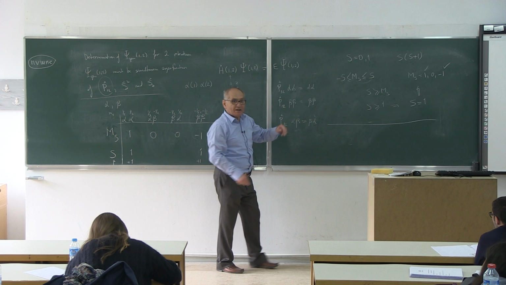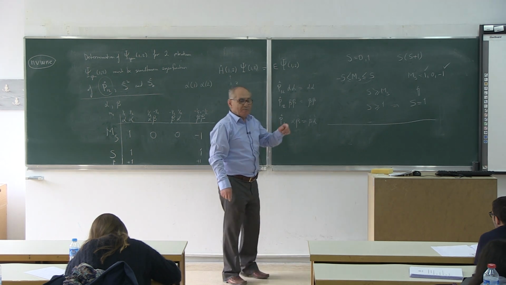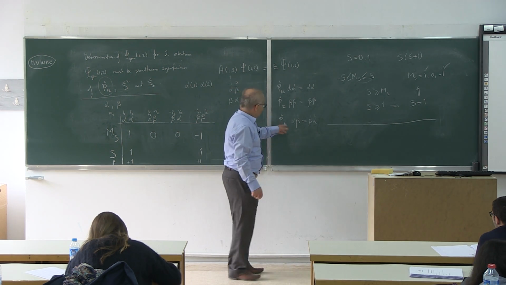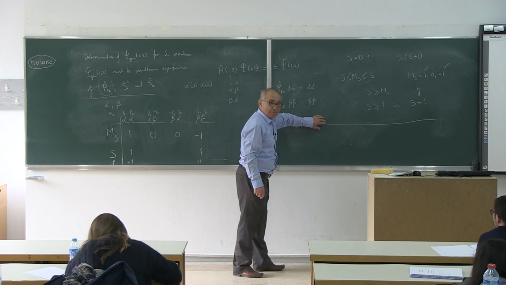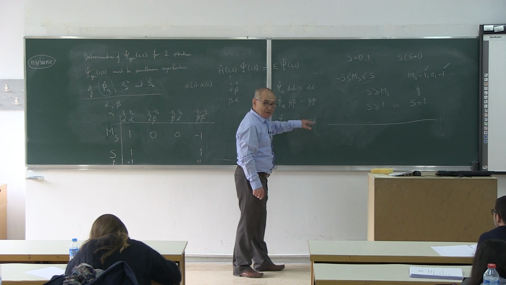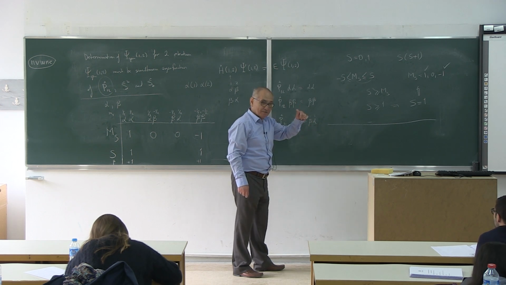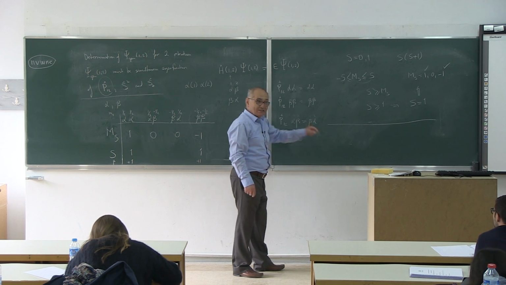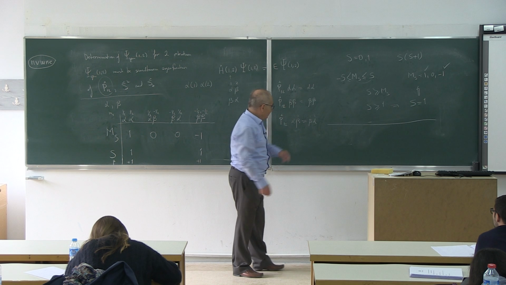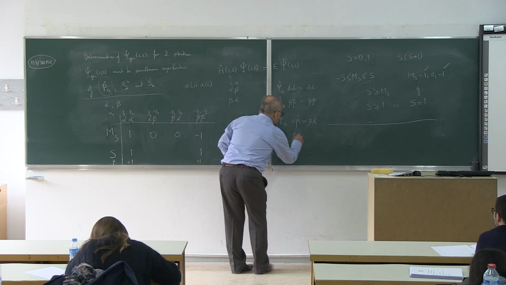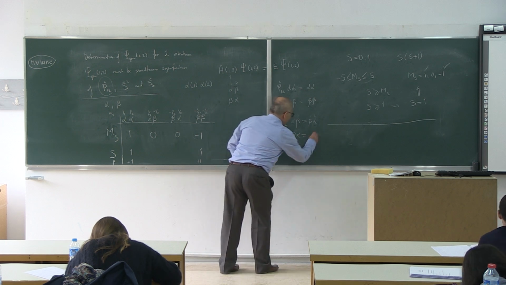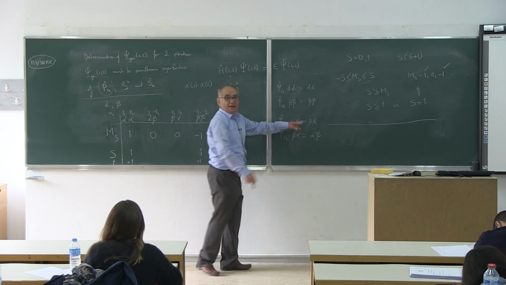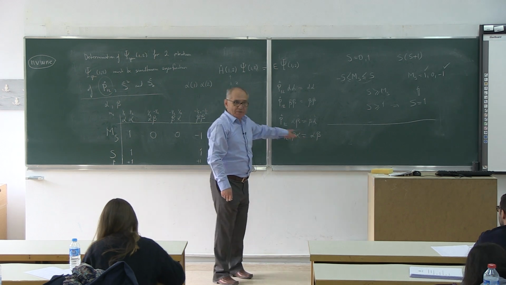Is alpha times beta an eigenfunction of P12? Do we have operator function equals a constant times the same function? Same function is alpha times beta. Remember, beta times alpha is a different function. It doesn't satisfy it. Therefore, alpha times beta is not an eigenfunction of P12. Same thing for the second factor. It is also not an eigenfunction of the P12 operator.